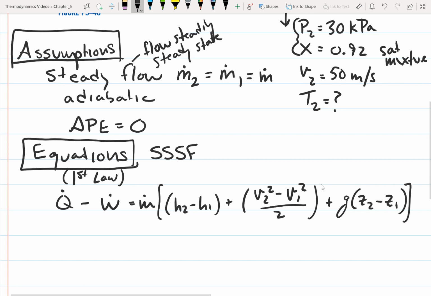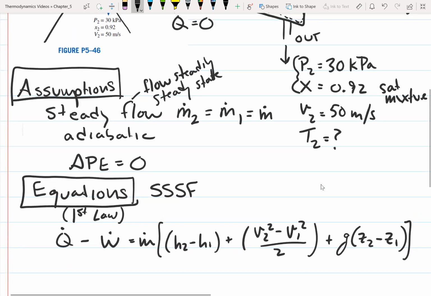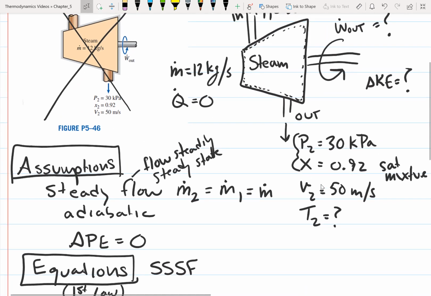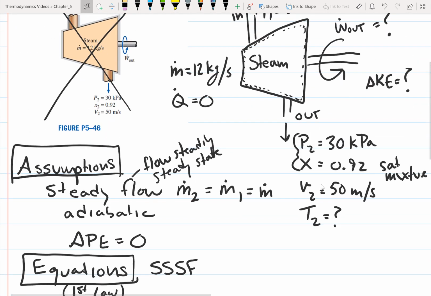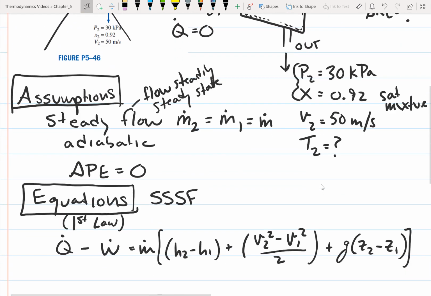And I like writing down all of the terms, even though we know that some of these terms are zero. And I did derive a general energy balance for a turbine in a previous video, and I think in that energy balance we assumed that the potential energy was zero, and I believe we also assumed that Q, or the heat input or output, was zero.